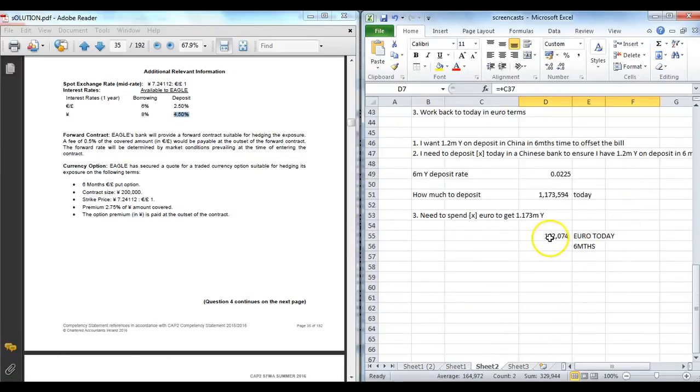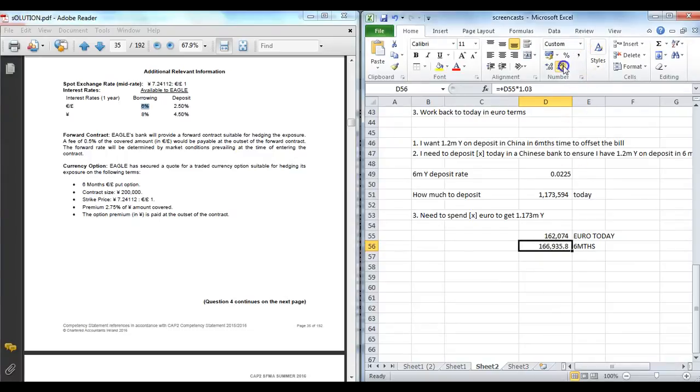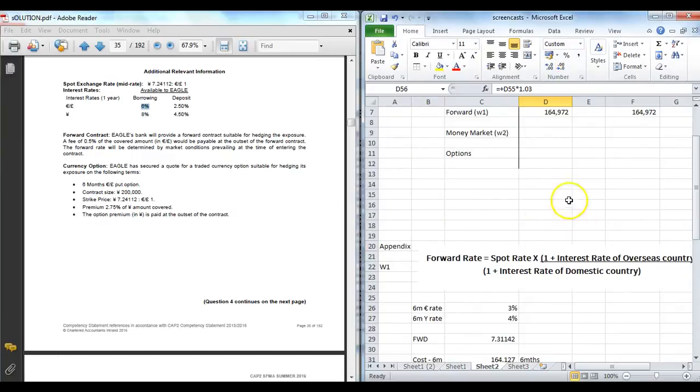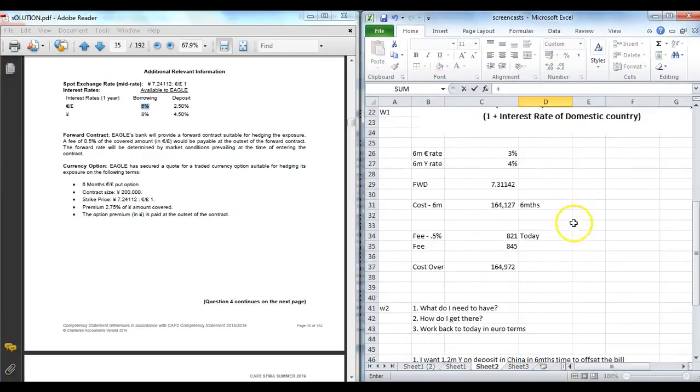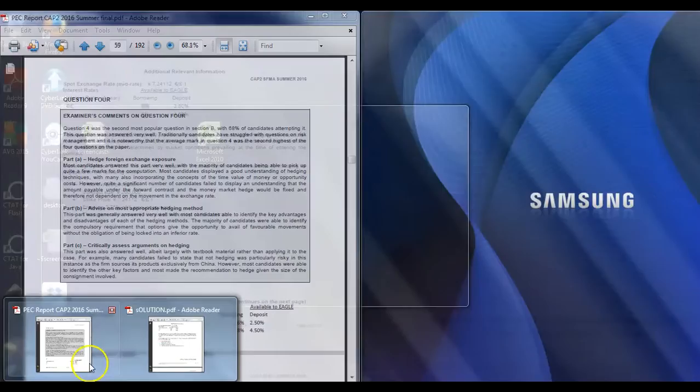So assuming you have to borrow that money today, that will be the equivalent of adding an additional 3% for your cost of capital for 6 months. So the total expense for the money market will be 166,936. And again, don't make the mistake that a lot of students made, as the examiner pointed out.